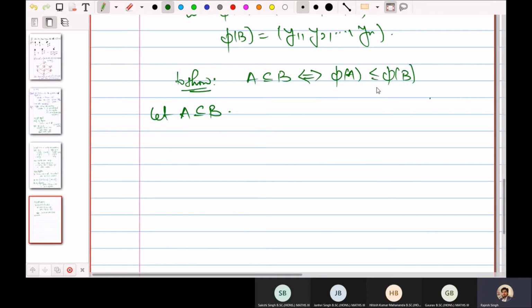A contained in B का मतलब क्या है? हमें शो करना है xi is related to yi. ये कब होगा? Yes, under what condition this is true?